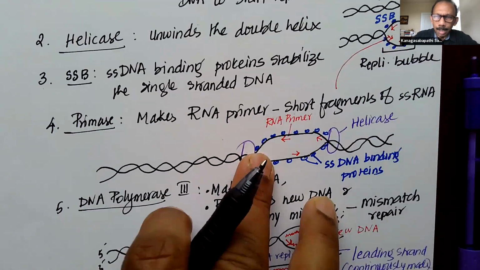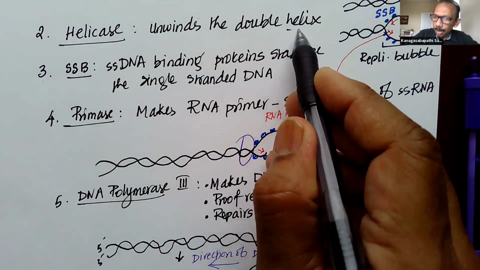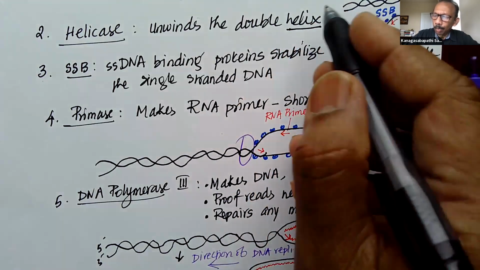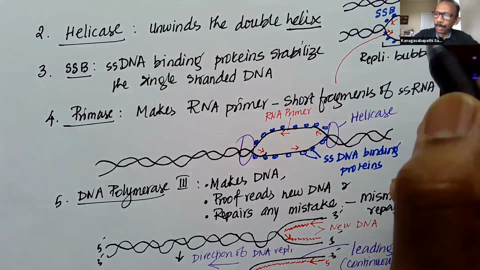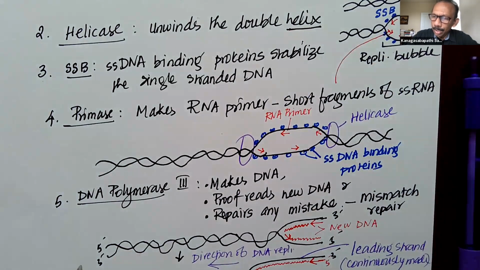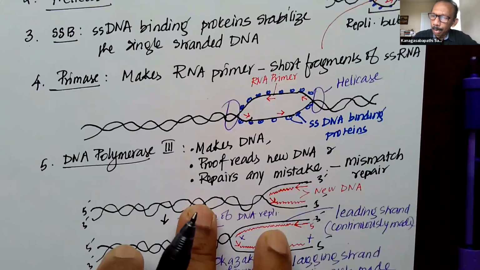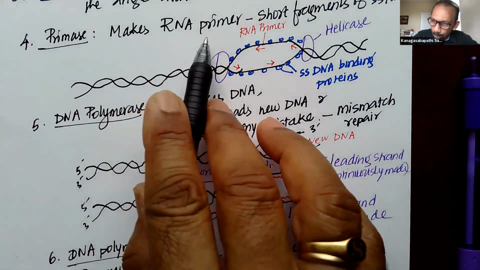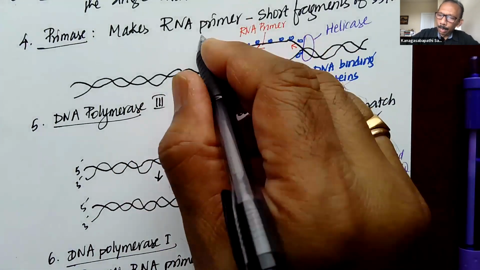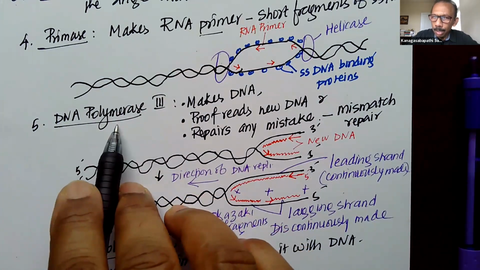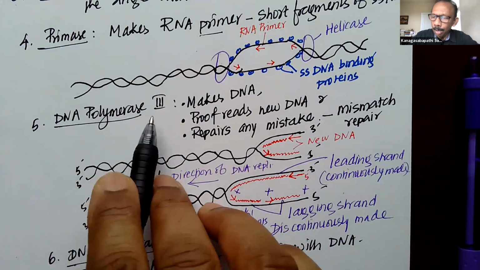Helicase unwinds the double helix. So that's like it degrades the DNA; this one opens up the double helix. Single-stranded DNA binding protein is self-explanatory. Primase makes the RNA primer. That's how you remember. DNA polymerase makes a DNA polymer. That's the enzyme that makes the DNA polymer.